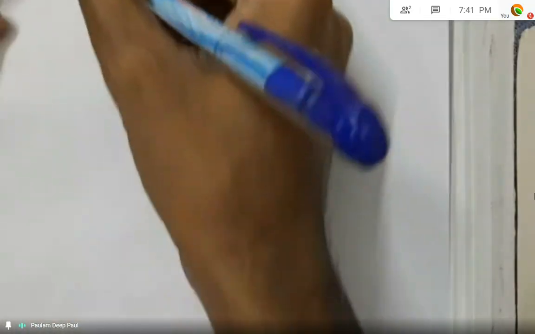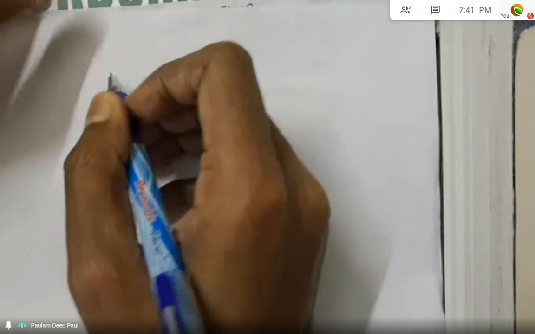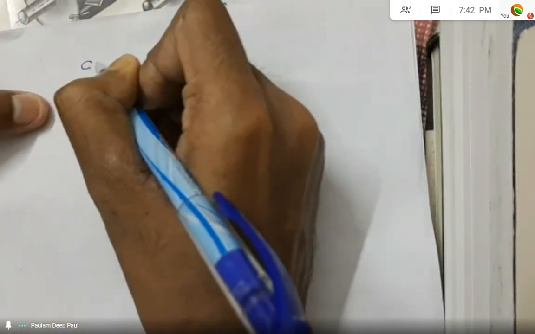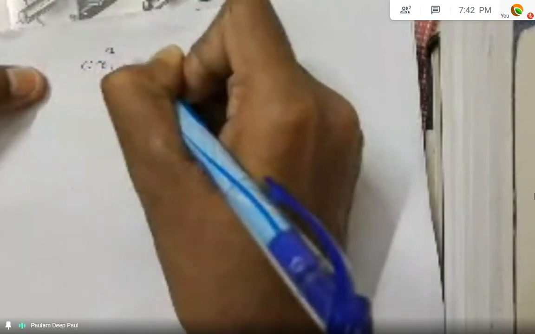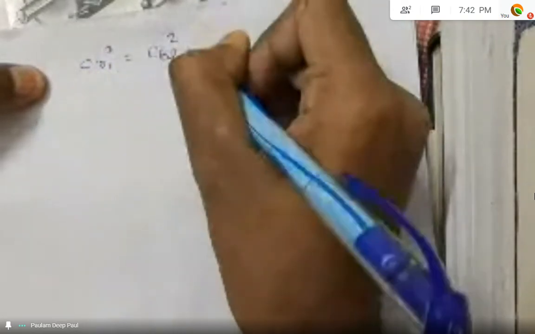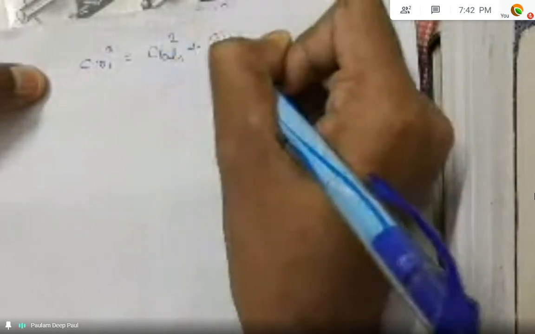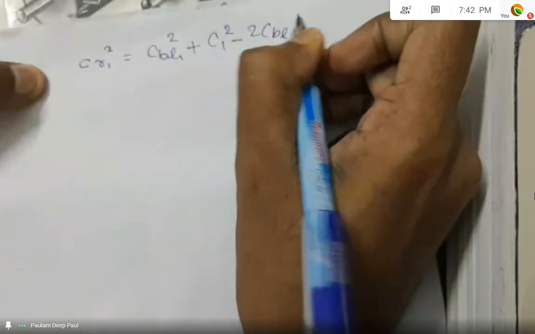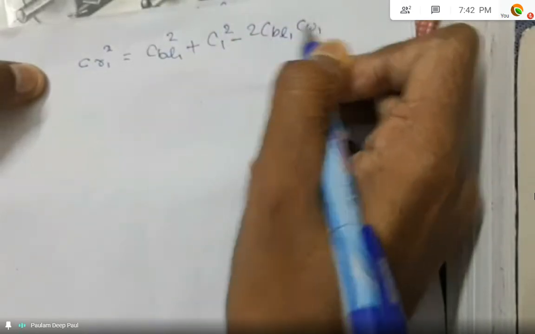So we can write down from the inlet and outlet velocity triangles something like this: CR1 square is equal to CBL1 square plus C1 square minus 2 CBL1 CW1.